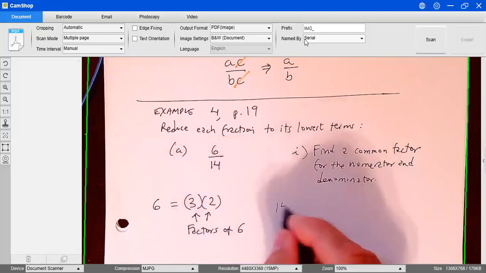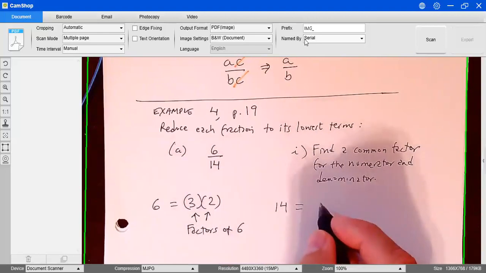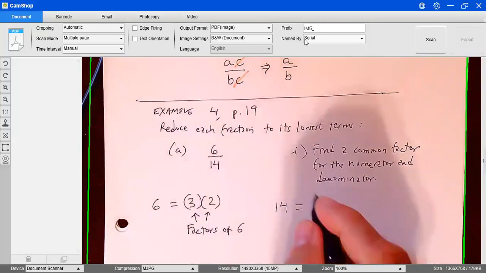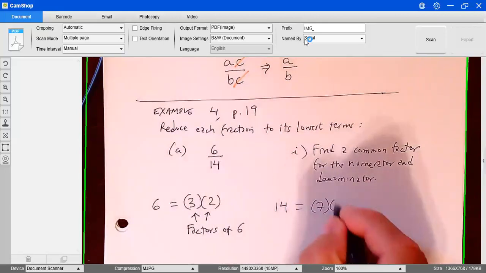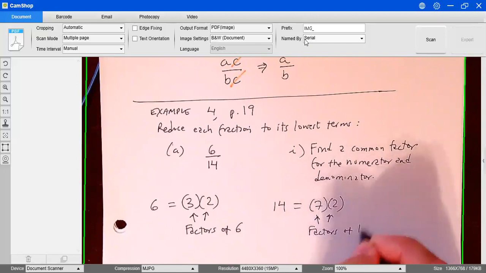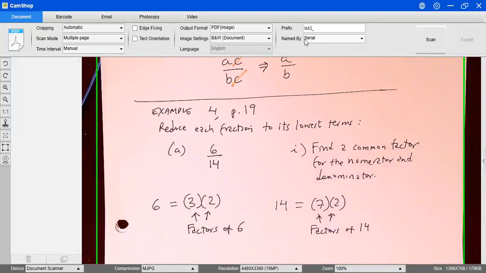Also, 14 can be broken as 7 times 2. Again, 7 and 2 are factors of 14 because 14 can be broken into 7 times 2.